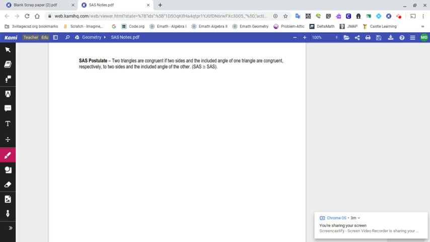Now I'm going to illustrate why this works. Suppose I have this triangle, which looks like this, and then over here, I'm just going to draw part of another one. This side is congruent to this side. This angle is congruent to this angle. And this side is congruent to that side.